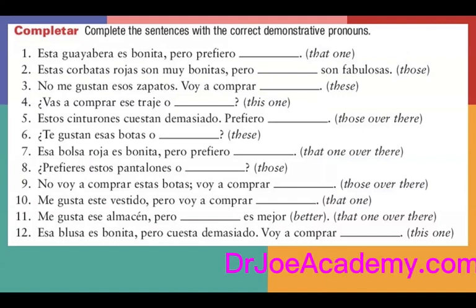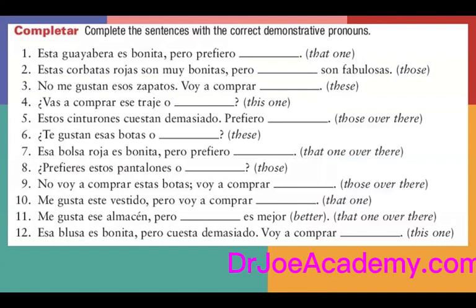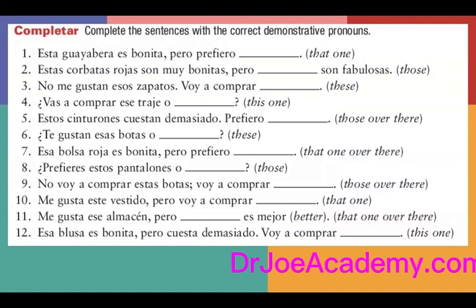All right. So the steps that you have to take: look into your notes to find the proper definition of whether it's that, those, these, or this. Then you need to see if it's singular or plural. Then you have to see the gender. Is it feminine or masculine? And the way we see that is by looking at the subject.